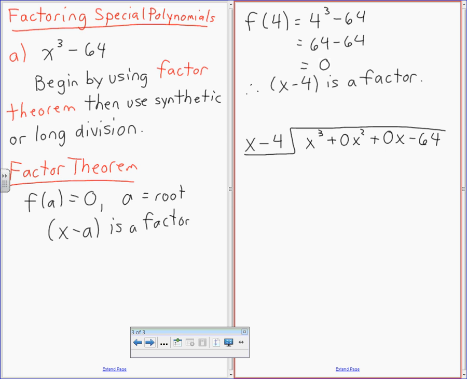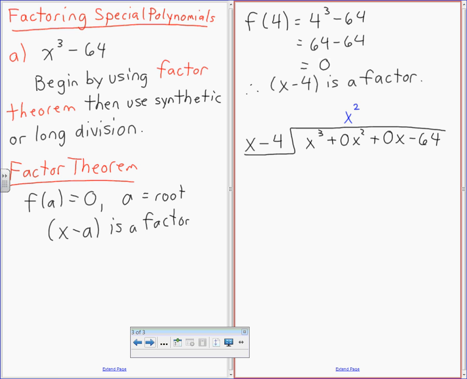All right. Do you remember the long division? Okay, go ahead. Now, how'd you get x squared other than a lucky guess? Good.